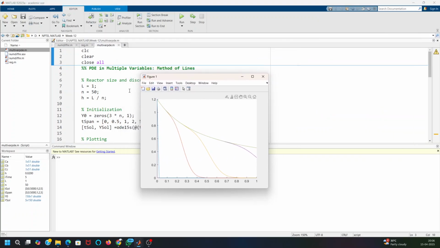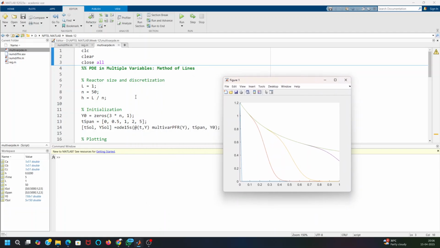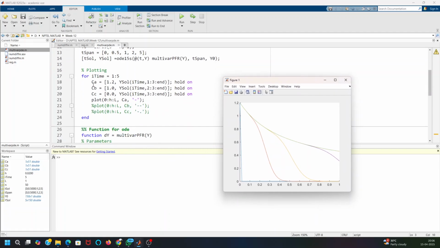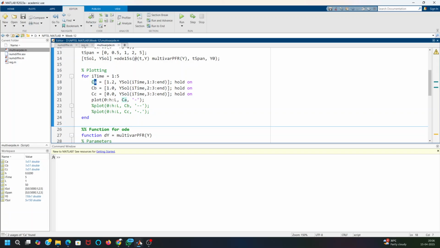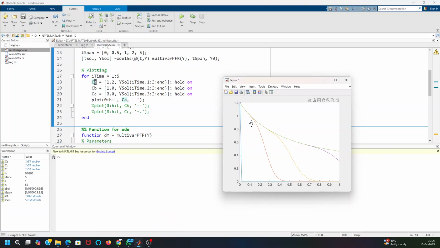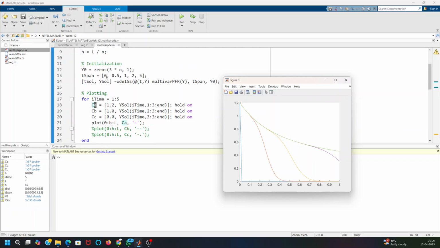So this is the plot which I am getting for concentration Ca. Each curve is for each time. One is for time t equals 0, but I don't know which one is which. If I had included the legend, it might have shown.